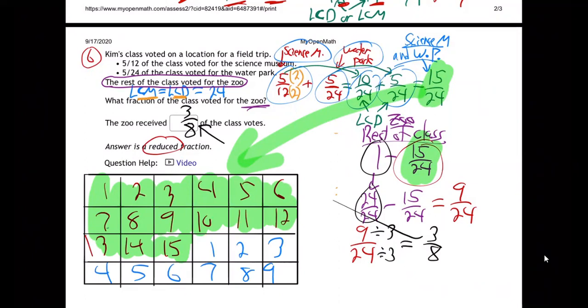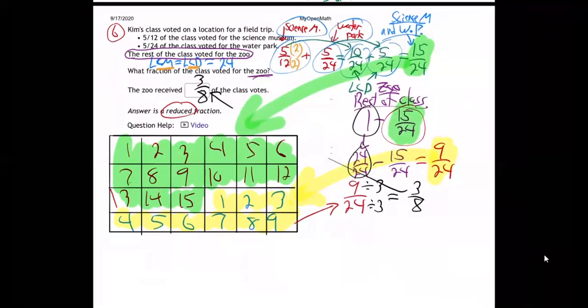There it is, 9 people. That's this right here, right? The 9/24. So 9/24 of the class, because there's 24 blocks total. 9/24 of the class voted for the zoo. So that's a nice picture of what we just did mechanically. Questions I can answer on that?